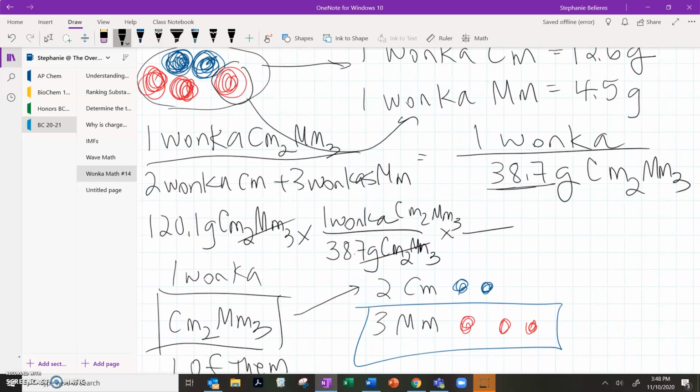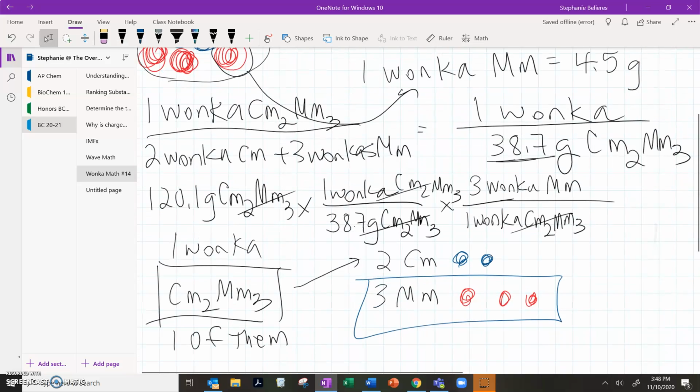So now I'm going to say, okay, I know that for every 1 Wonka of CM2MM3s I have 3 times as many MMs, 3 Wonkas in this case, because for every 1 CM2MM3, or every 1 Wonka of those, when I break it apart into its pieces, I would have 3 times as many MMs. Now, this is in Wonka still, and I want to know how many of them are present.